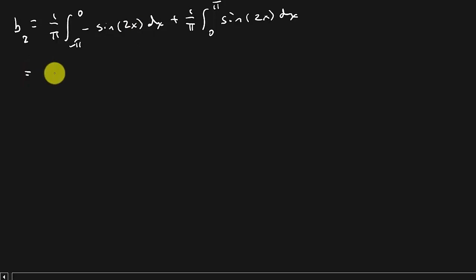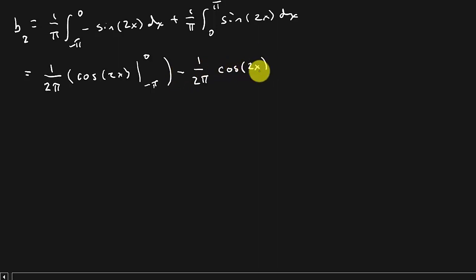So here I have to multiply by 1/2. We have 1 over pi times 1/2, where the 1/2 comes from the 2 here, and so that's 1 over 2 pi, times cosine 2x from negative pi to 0, minus 1 over 2 pi, because the antiderivative of sine is negative cosine 2x.